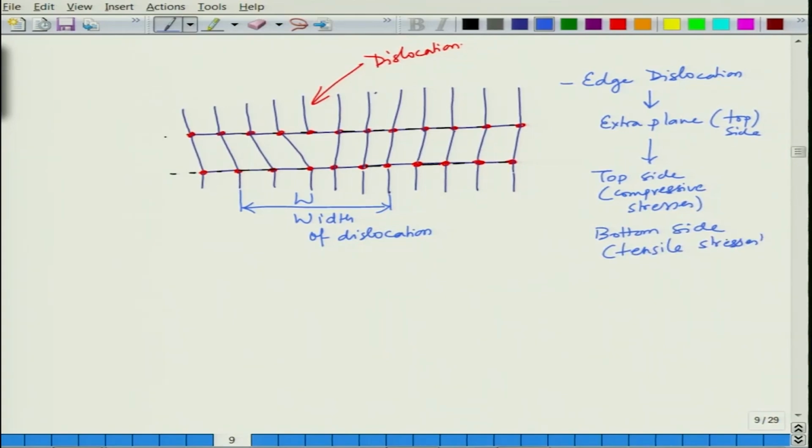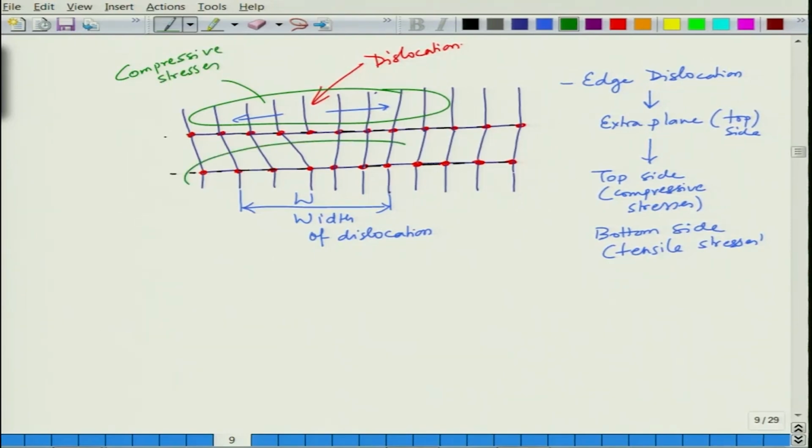Right, because this extra plane will try to push the lattice apart, so this region will undergo compression, and this region will have tensile stresses.